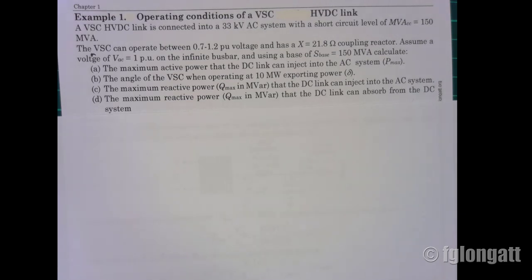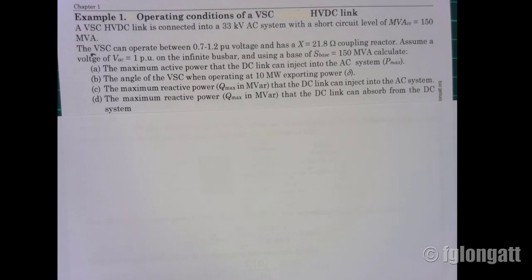Second question: what is the angle inside this voltage source converter when we are operating at 10 megawatts exporting power? Then, what is the maximum reactive power that the DC link can inject into the AC system?